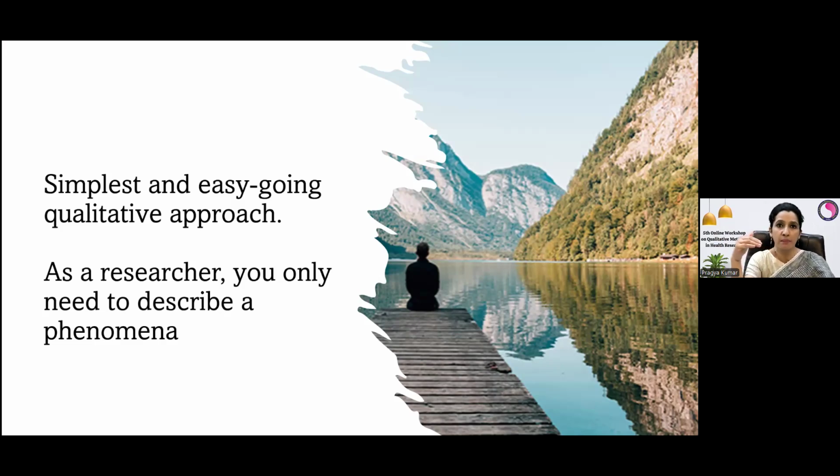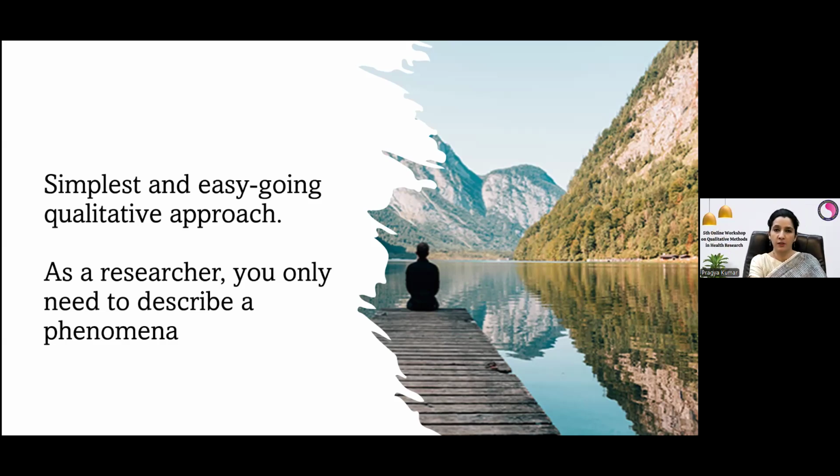It is the simplest and very easygoing qualitative research. If you are a first-time researcher, I would always advise you to go for this qualitative descriptive. Once you do 3-4 qualitative descriptive studies, then you should go with any other type, maybe phenomenology or narrative, because it is generally difficult to start directly with grounded theory, as you need to understand those concepts.